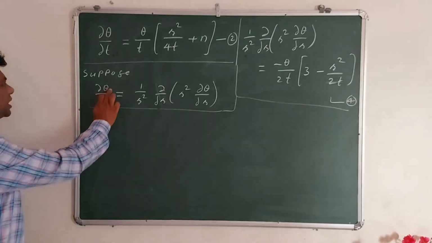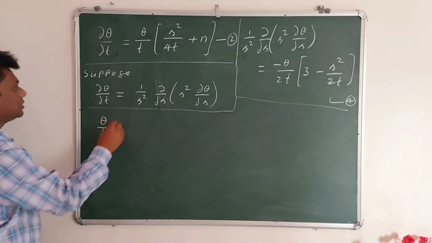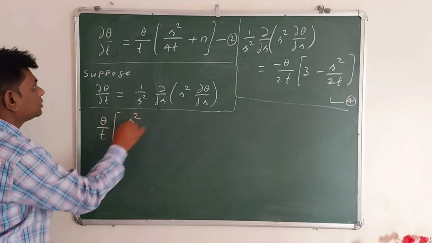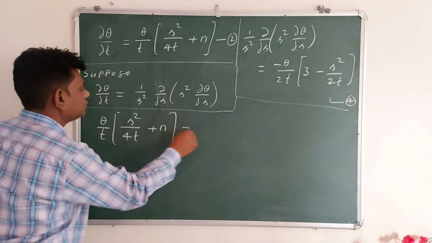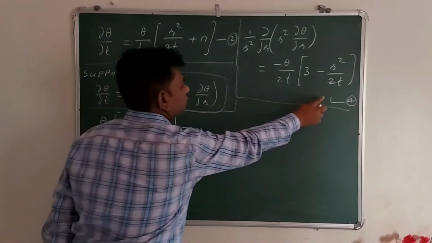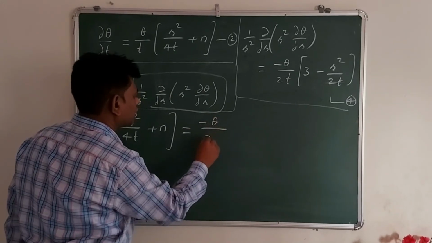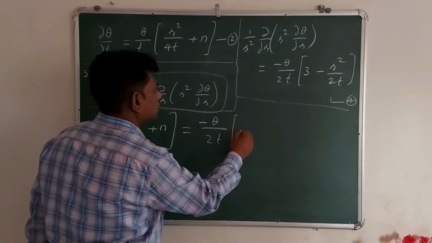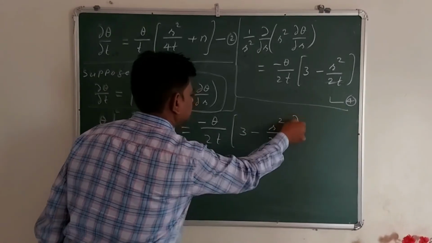Now the answer of del theta by del t is theta by t, r square upon 4t plus n. Now this is equal to, from equation 4, minus theta upon 2t times 3 minus r square upon 2t.